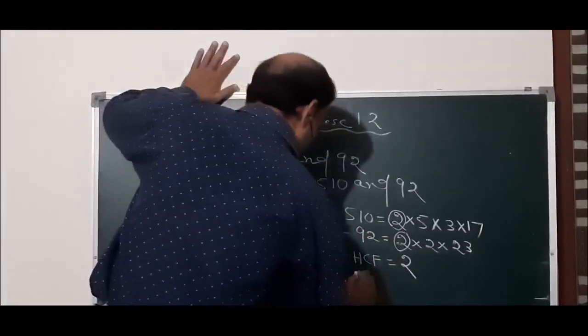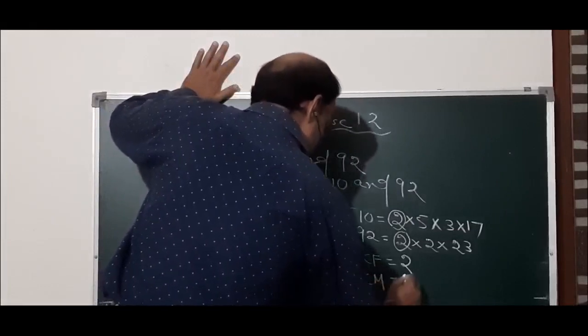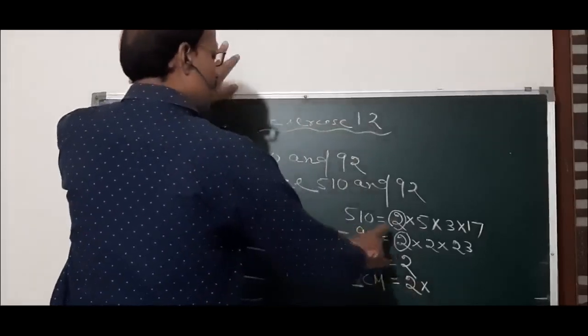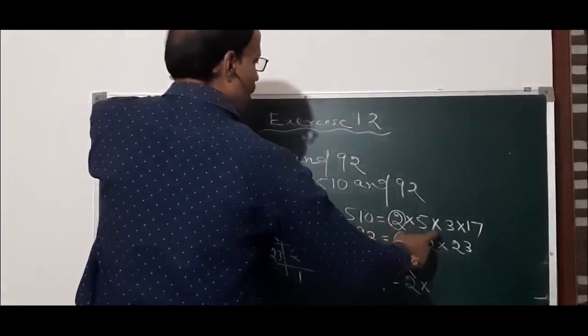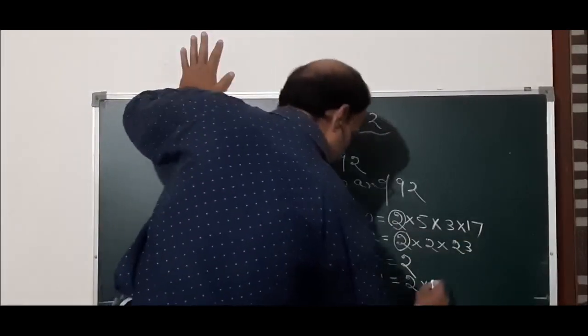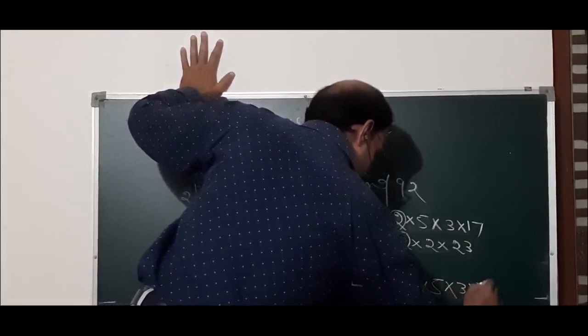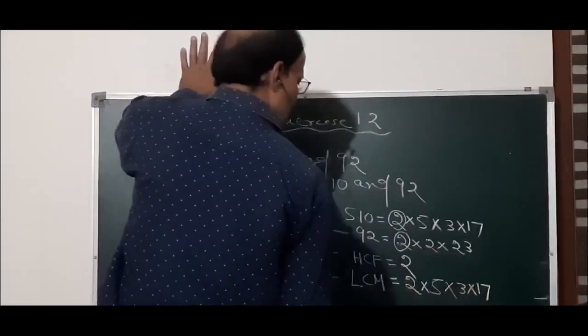So now to calculate LCM, what do we have to do? First we take the common number, then multiply the rest of the numbers. In 510, 5, 3, 17 are left, so just multiply. Then in 92, 2 and 23 are left.